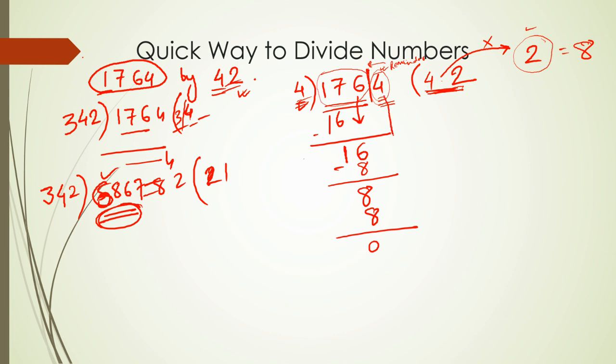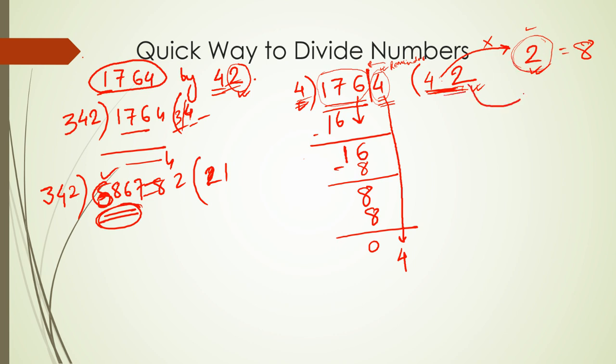Now we will drop 4 here. Previously the last digit was 4, so we multiplied 4 times 2 and got 8. We have to always multiply the last digit of the quotient with this 2, which I kept outside here.